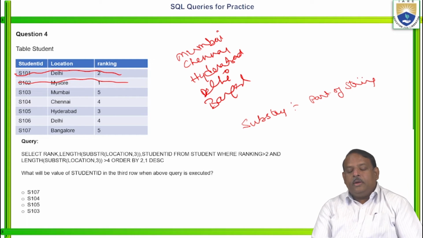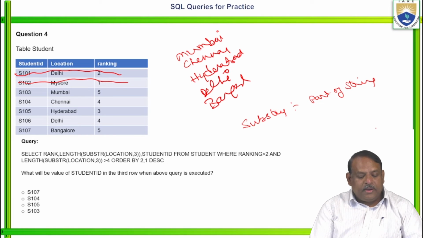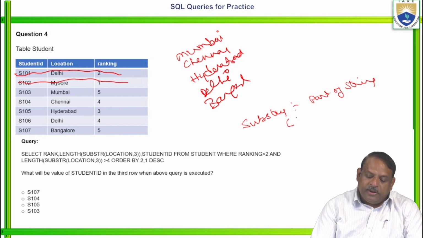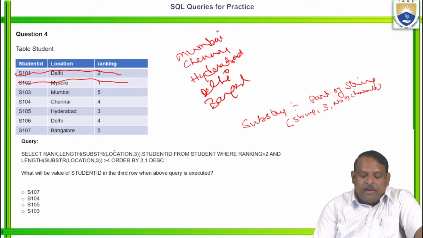Substring takes 3 arguments: the string to be searched upon, the starting position, and the number of characters you want. Here they have not given the third optional parameter. That means we have to search up to the end.